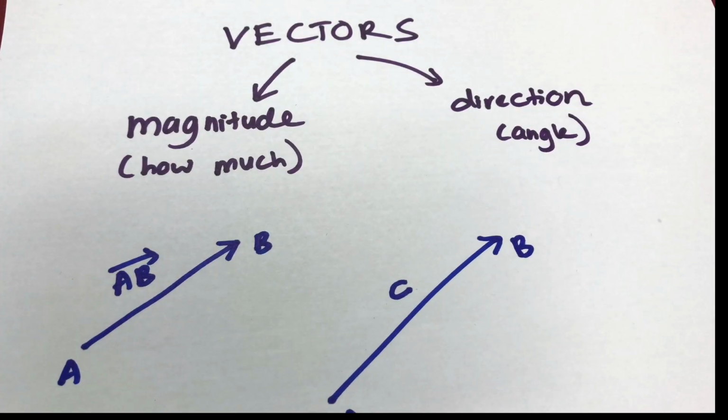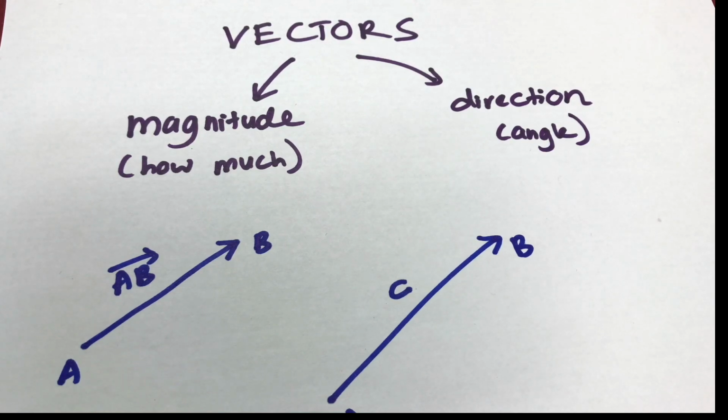In mathematics, we are used to dealing with numbers or magnitudes such as 5, square root of 2, or pi. Now, vectors consist of both magnitude and direction.